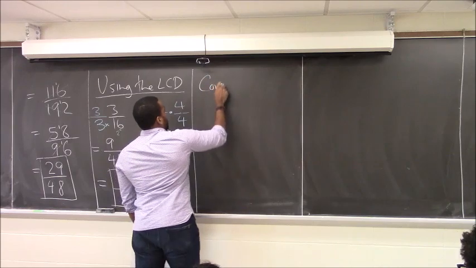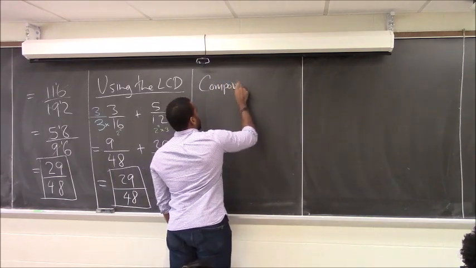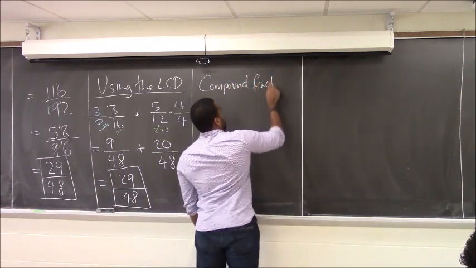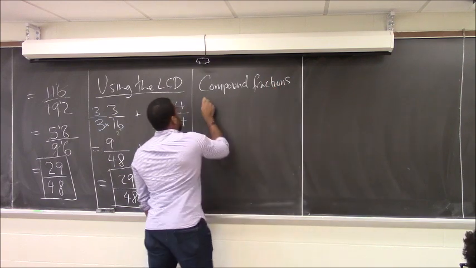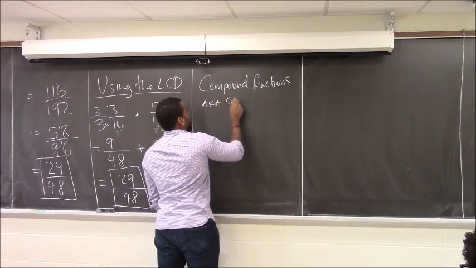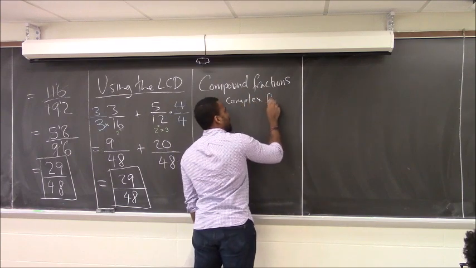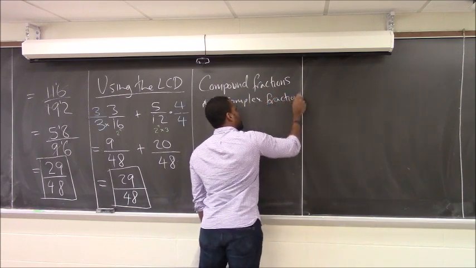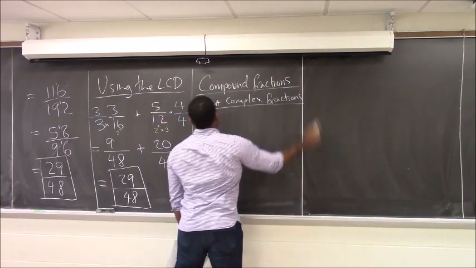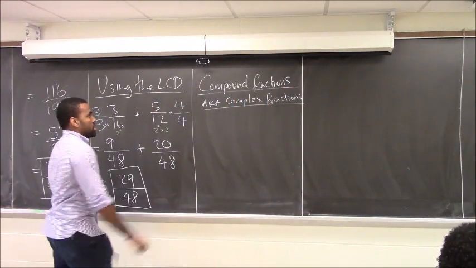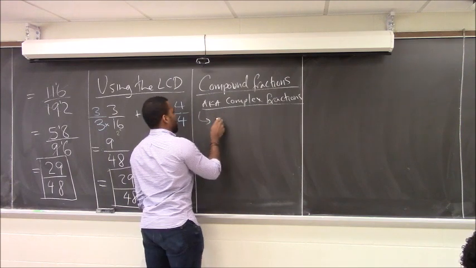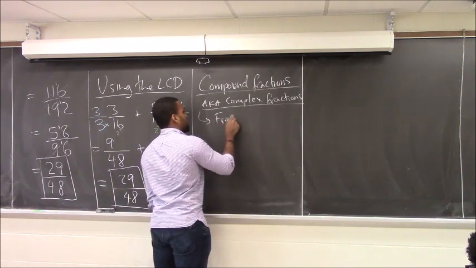Let's look at compound fractions, AKA complex fractions. Even though that's probably a bad name for it, I've seen textbooks call it that. So depending on where you're reading it, it's going to be that. So this is when you have nightmare upon nightmares, fractions within fractions.